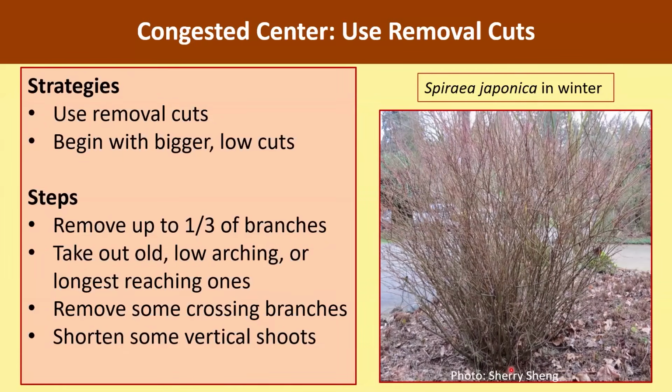And you want to begin with the biggest, oldest, most gnarly looking ones. You also want to take out the low arching ones touching the ground and perhaps some that are errant and go way above the framework and are too long. You can do this to up to a third of the branches, and after that, stop, and you will notice a significant difference.